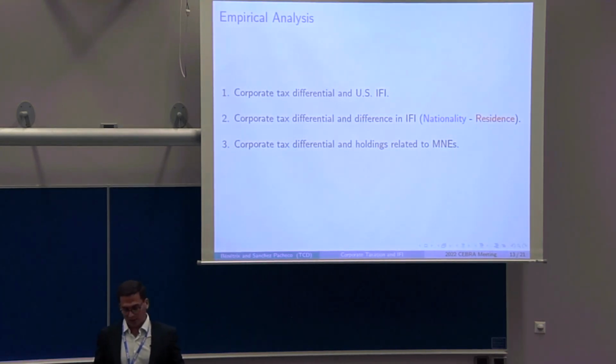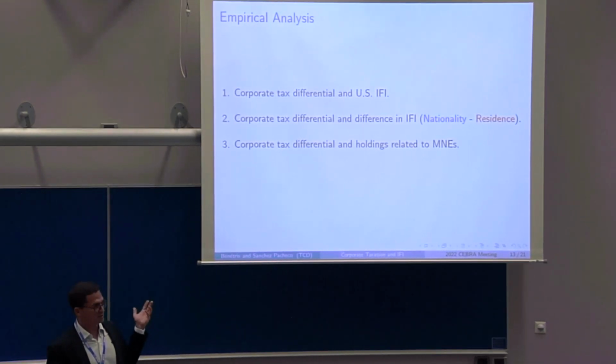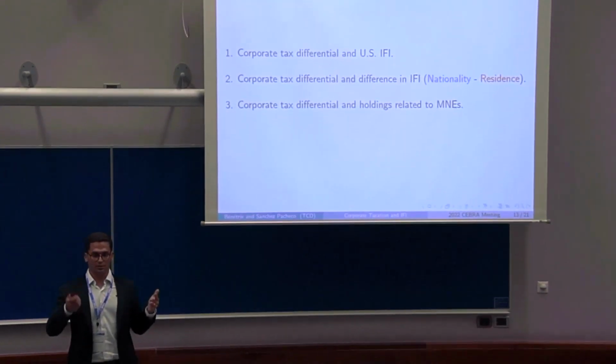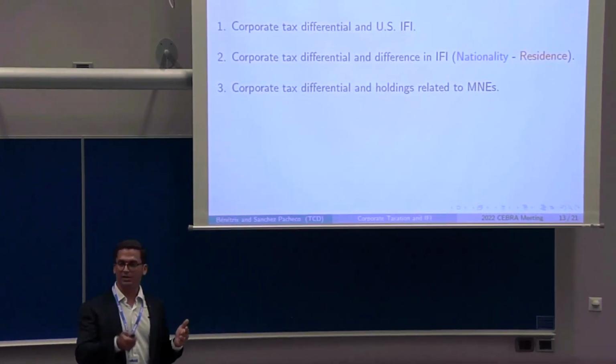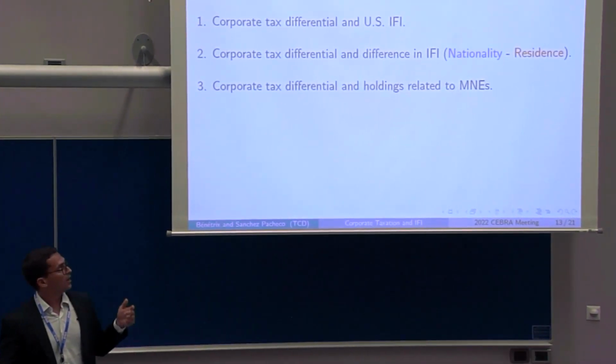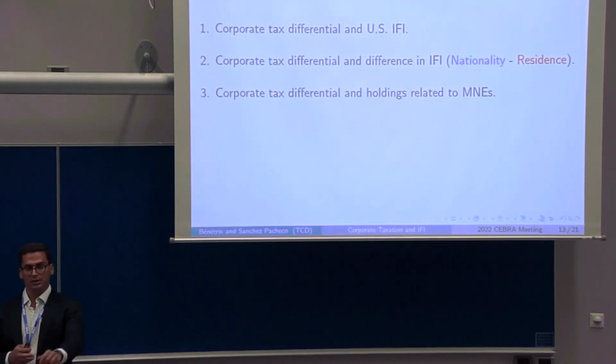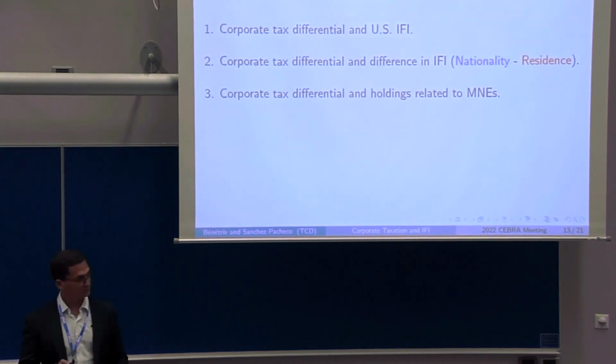Our empirical analysis is very, very simple. We focus on studying the relationship between the US corporate income tax differential and IFI, on the difference between the nationality-based measure of IFI and the residence-based measure of IFI, and then we zoom in on the part related to multinational enterprises.